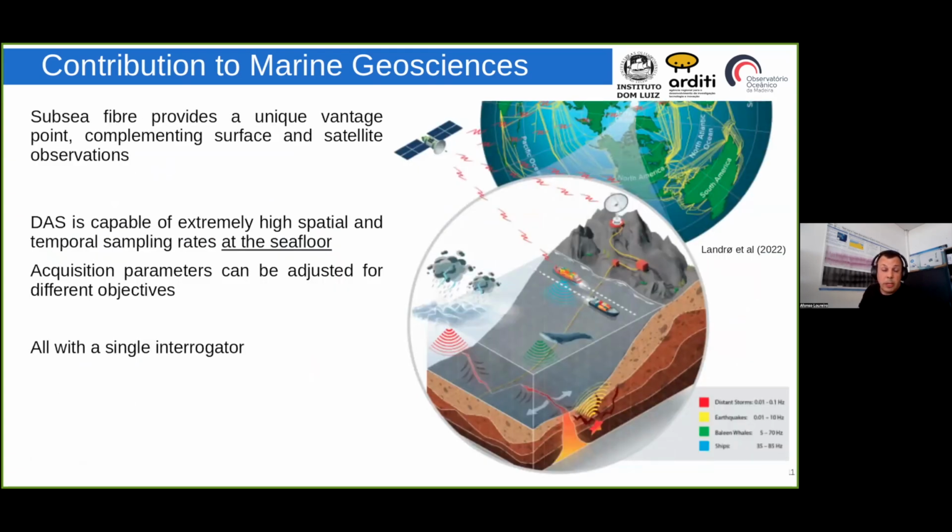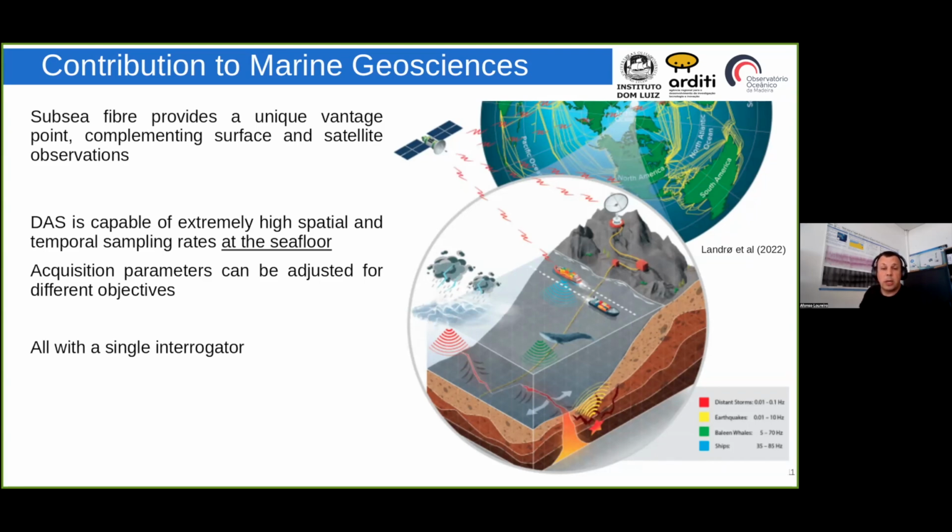And we can think about systems where we combine a seafloor cable with surface and satellite observations that will complement each other. So we can get high resolution at the surface with conventional methods, and we can also get high resolution measurements at the seafloor, where we usually get very low resolution, and we can adjust the parameters of acquisition depending on the objective that I want.